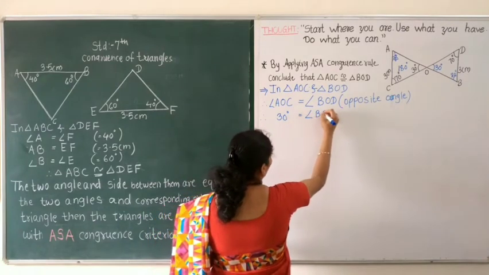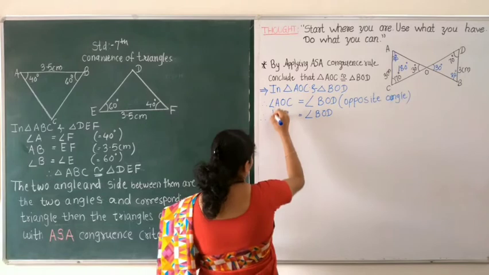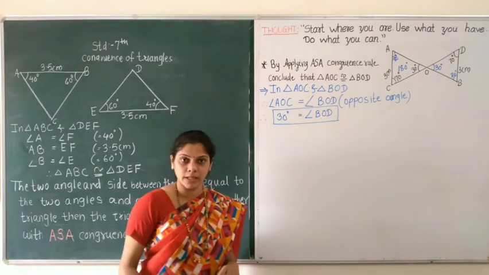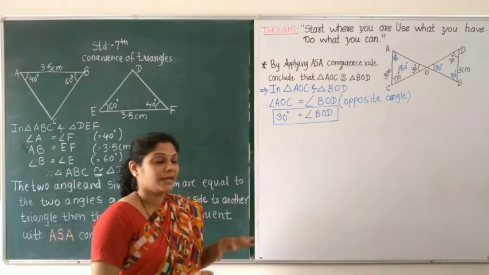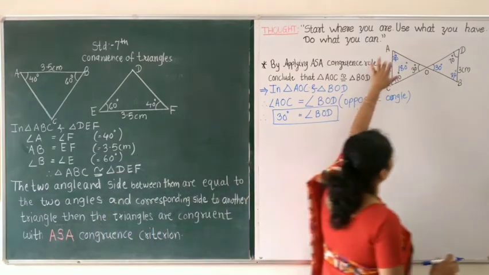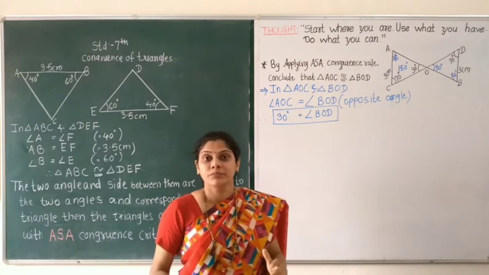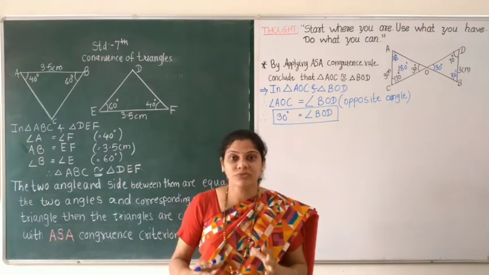We need the measurement of angle BOD, and I will put a box here. Okay. Now we have found the measurement of angle A and angle B by using the sum of angles of a triangle rule.